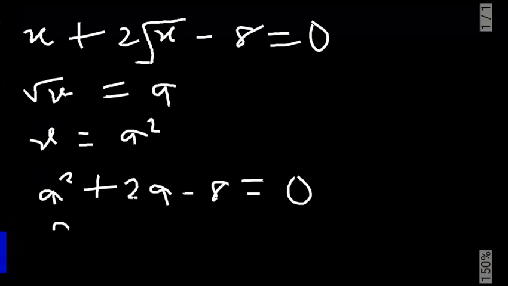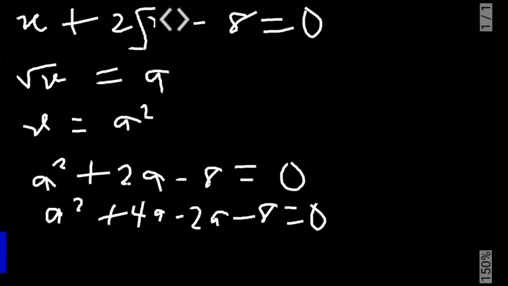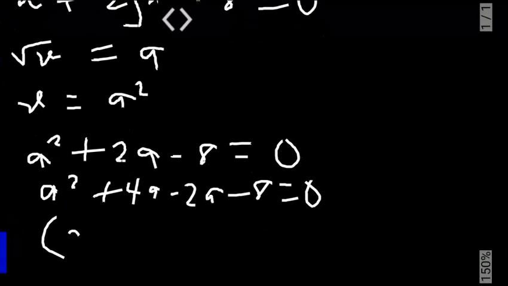So we have a squared, and since the middle term is plus 2a, we put that down as plus 4a minus 2a, which is still the same thing, minus 8 equal to 0. Factorizing, let's put them into brackets first of all.